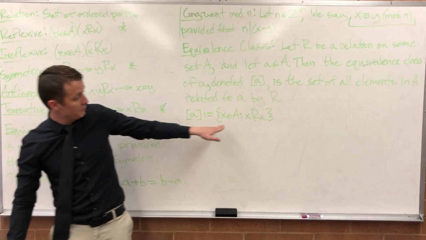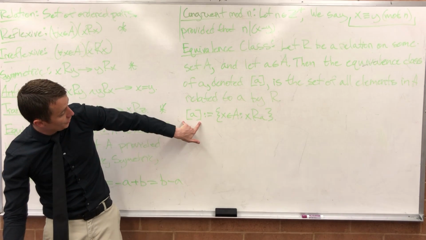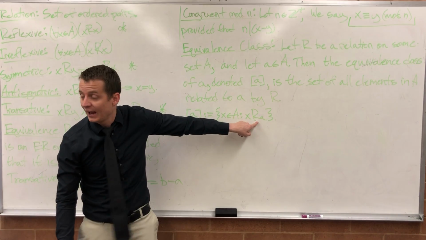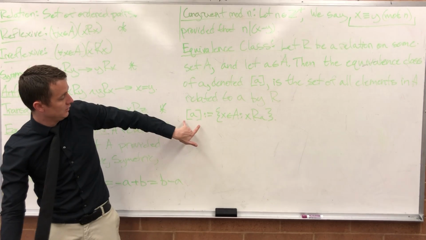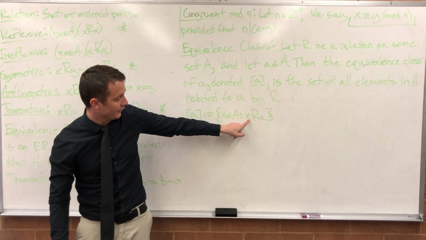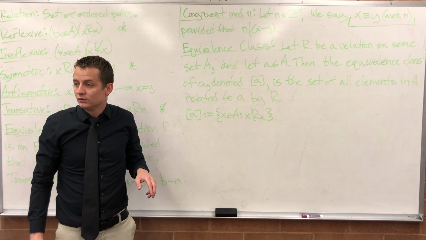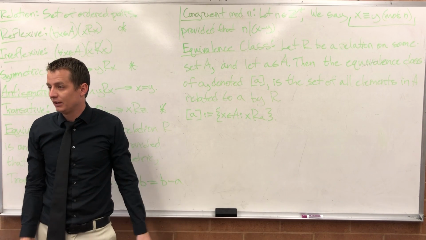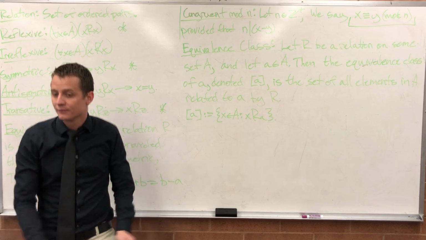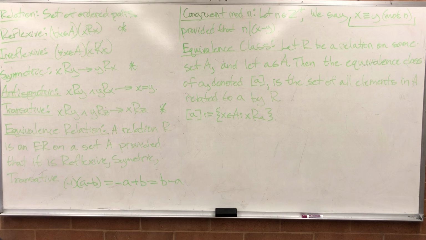So if a was Debbie and capital A was all the students in the class, then the equivalence class for Debbie, if R is the same last name relation, is defined to be the set of all the students in the class such that that student has the same last name as Debbie. Including Debbie. Debbie has the same last name as Debbie. Make sense there?